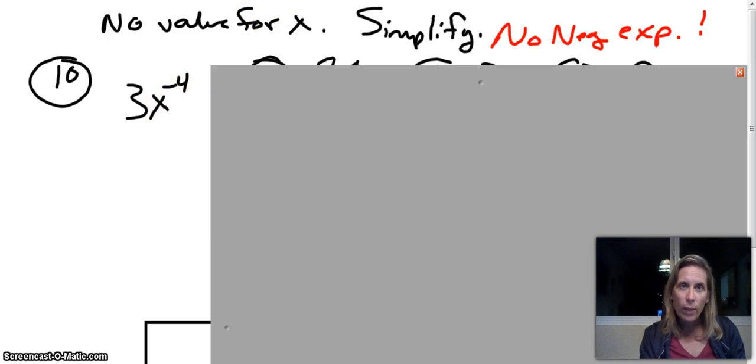So we could rewrite this as 3. Now the x is to the negative fourth, so let's move that to the denominator, x to the fourth, and now we can lose the negative in front of that exponent. When you move the term to the inverse location, you lose the negative part of the exponent.